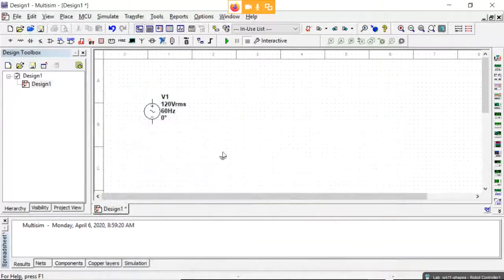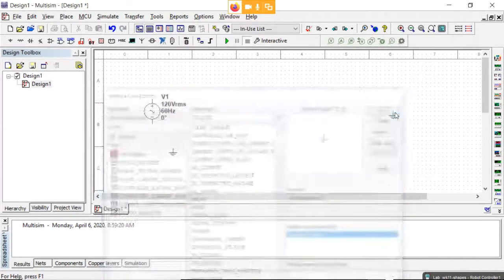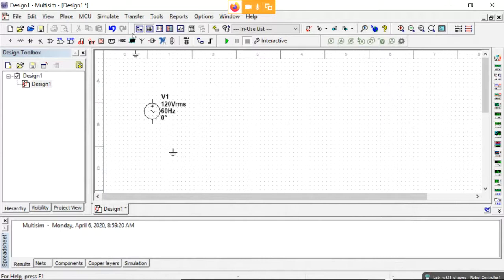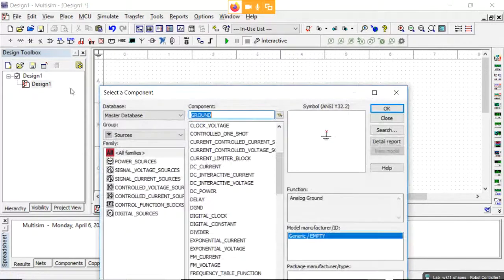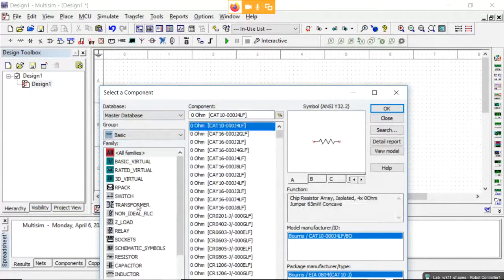Okay, so we need our ground. And then we need a resistor. Okay. Now I'm not going to build the whole circuit right now. I'm just going to grab in a couple of values here.